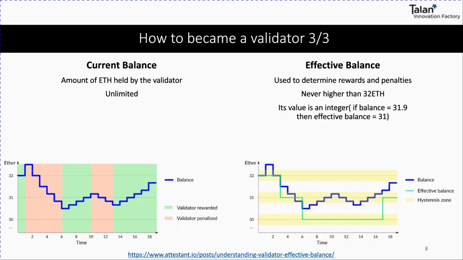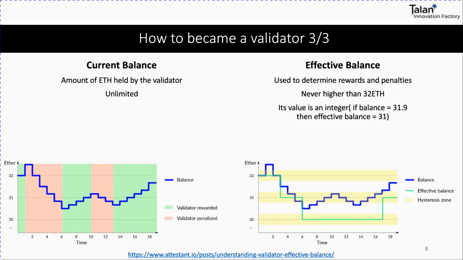Okay. Here we are going to talk about a new concept regarding how rewards and penalties are calculated. We said that a validator can either gain or lose the staked money, depending on how honestly it acts on the network.